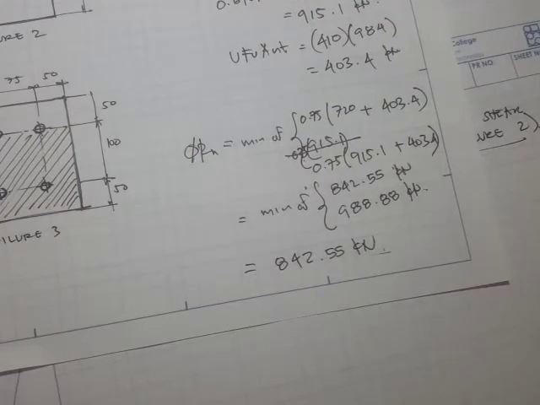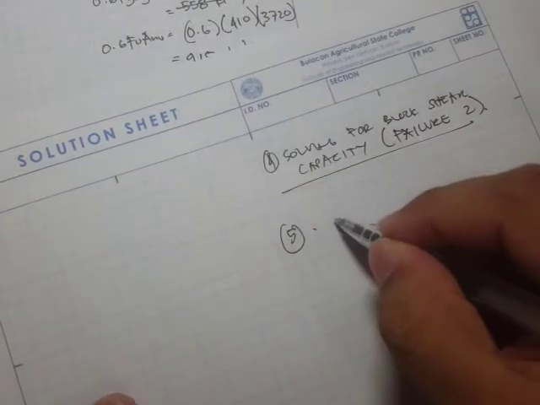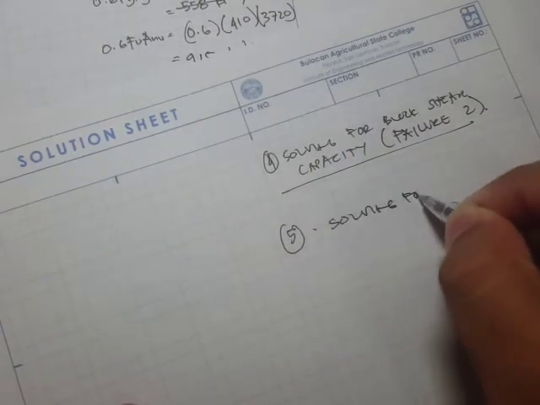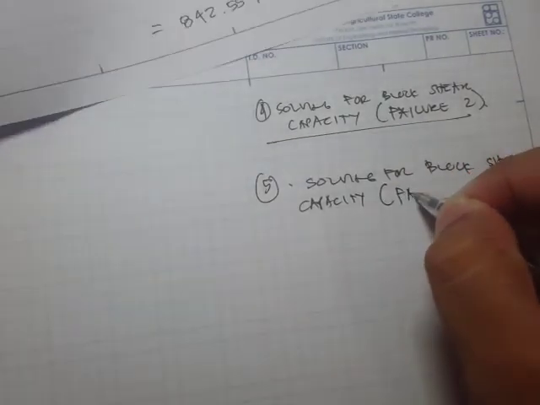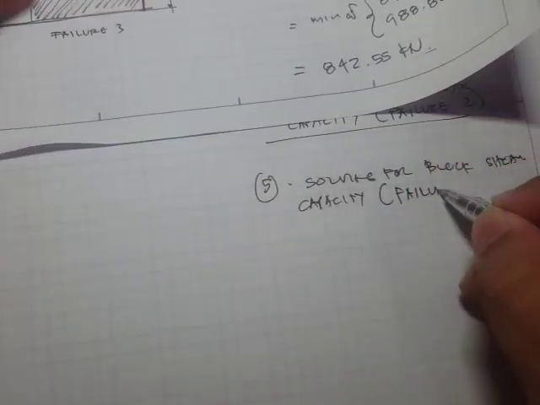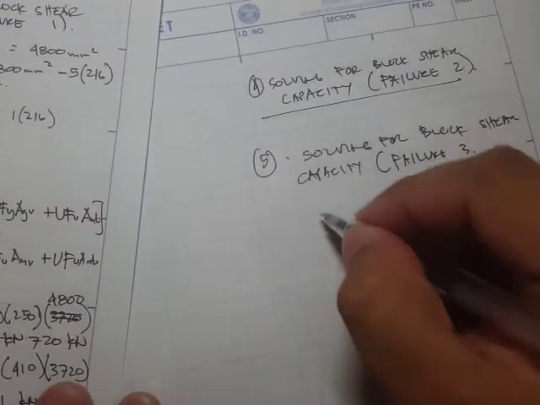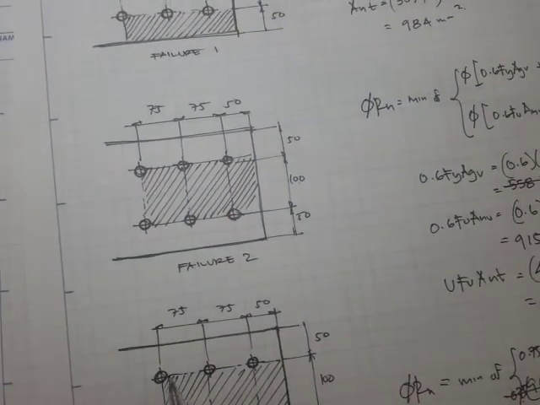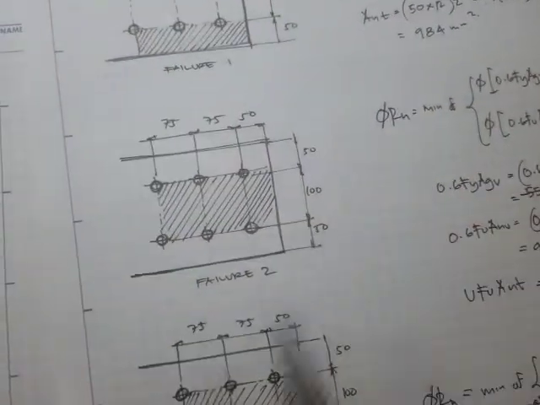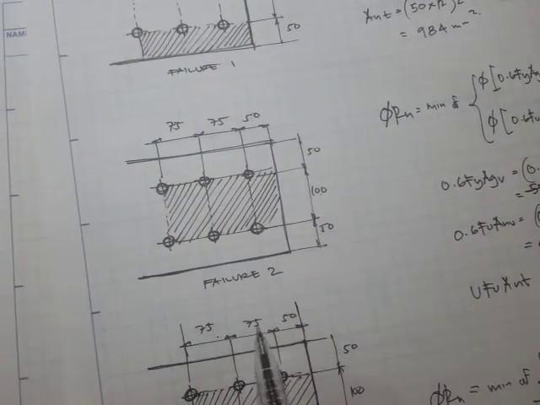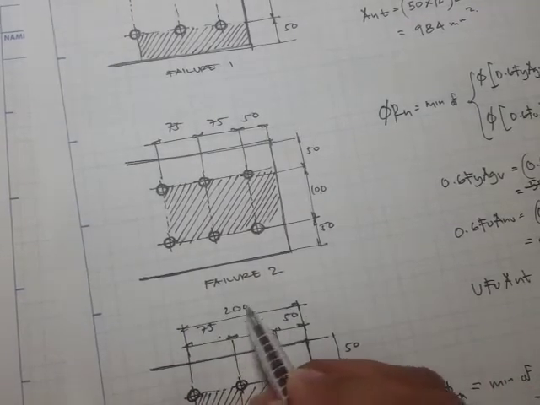Now for the last failure, let's say failure 3. Okay, so our gross area in shear, we have this shearing area, which is just actually 200 times 12, because this 75 plus 75 plus 50 is just 200.